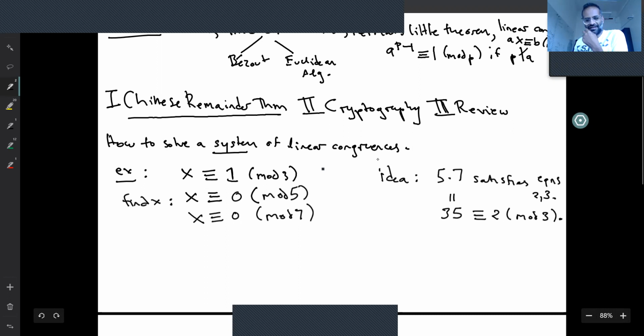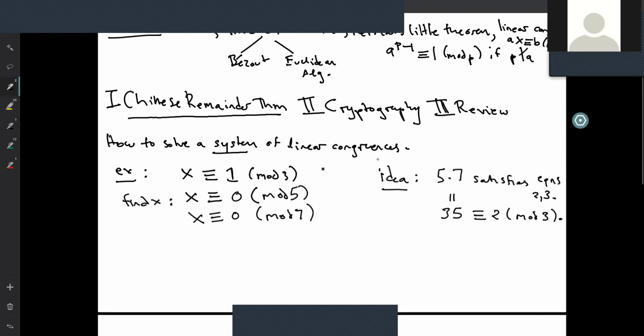So any ideas on how to manipulate this to get it to solve the first equation? Multiply it by 2. If you multiply by 5 again, wouldn't that work? Okay, right. These are all good ideas, but basically I want to turn this 2 into a 1. So any ideas on what I should multiply this by? The inverse.